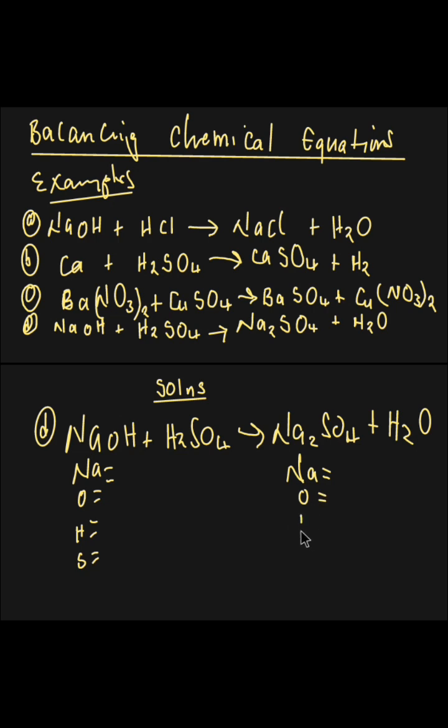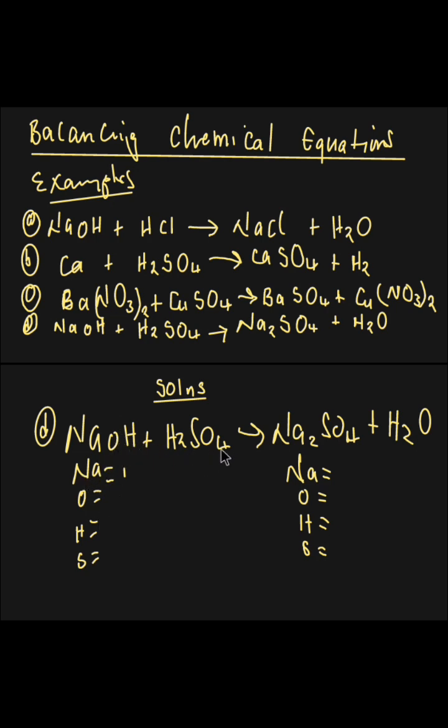Okay, alright. So I think we have accounted for all the atoms involved. So let's see, sodium, how many atoms of sodium do we have here? We have 1. This is good. Okay, then oxygen, how many atoms do we have?